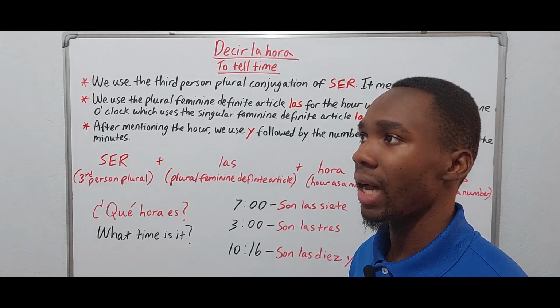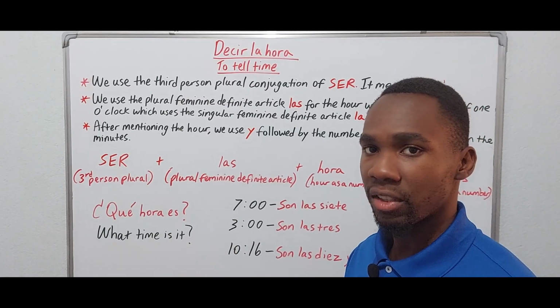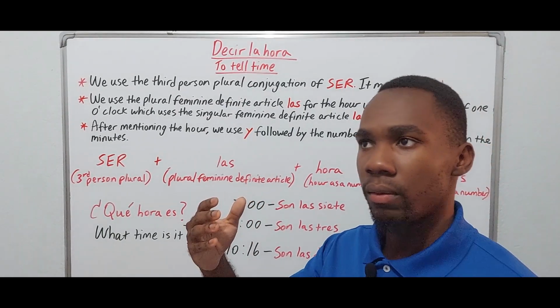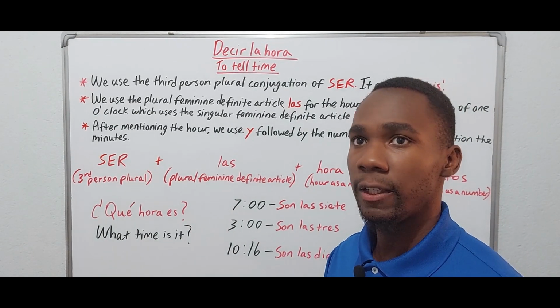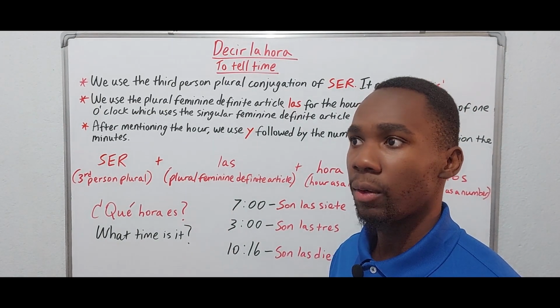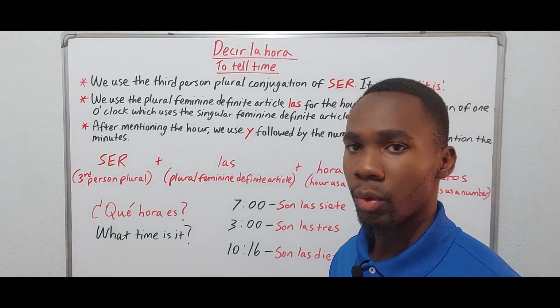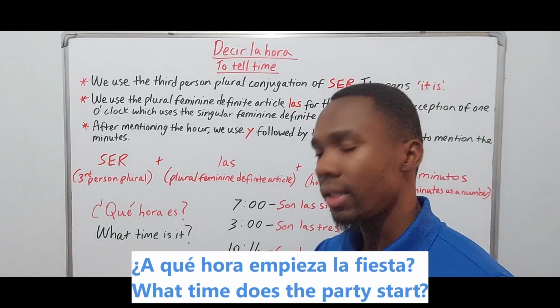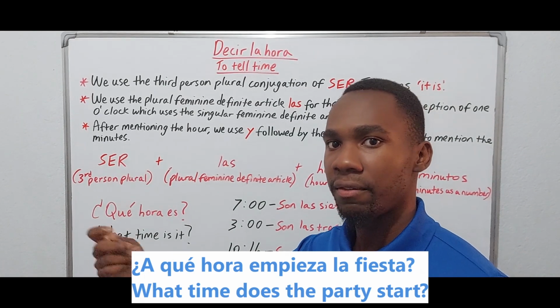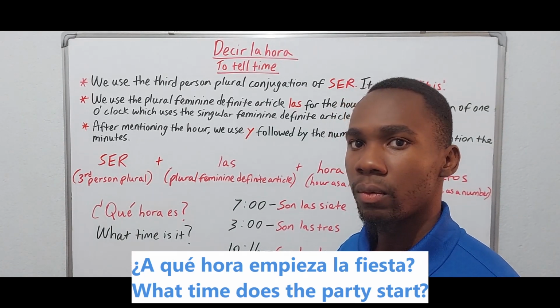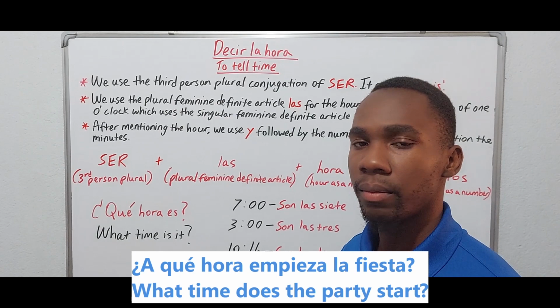So in order to ask what time an event takes place, let's say for example, we want to ask what time does the party start? We would say ¿A qué hora empieza la fiesta? What time does the party start?